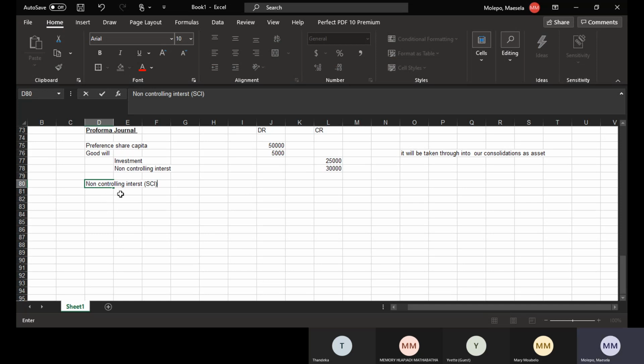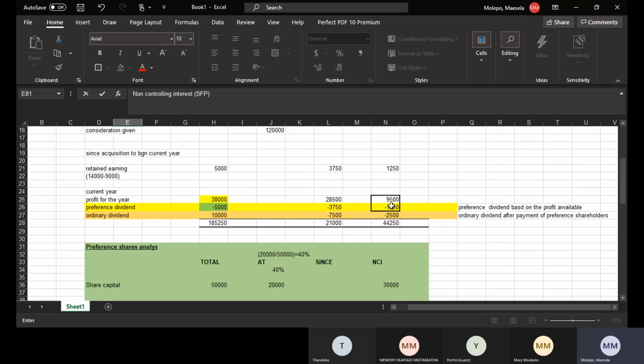And then we're also going to have non-controlling interest on the SFP, the SFP part. This comes as a result of these values, the 9,500 minus 1,250.